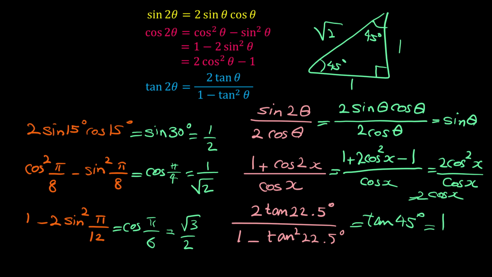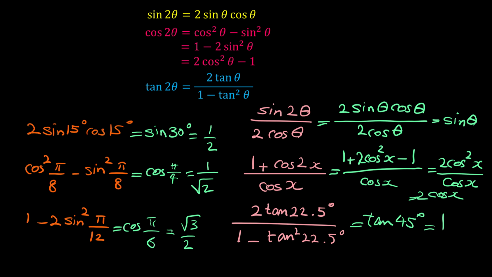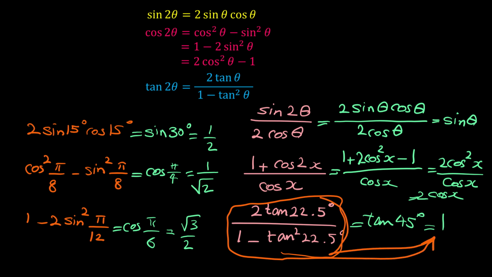The tangent of 45 is opposite over adjacent, 1 over 1 is 1. So the value of this expression is 1. If you use a calculator and calculate this, you would see that it equals 1.